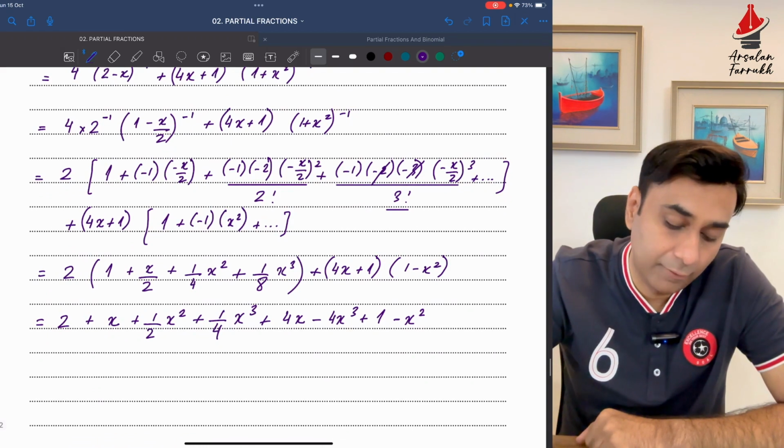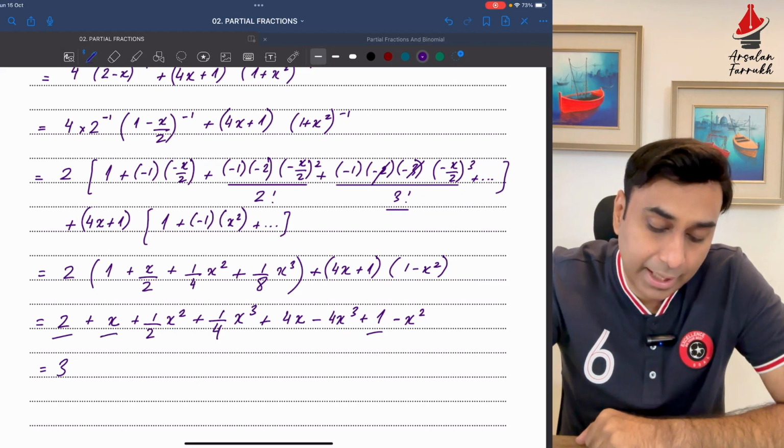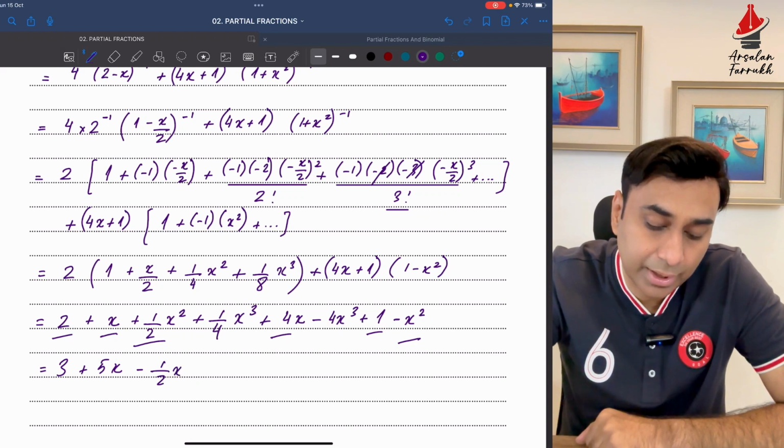Now I have to simplify all the terms together. So 2 and 1 will add up to 3. x and 4x would add up to 5x. And then half x squared and minus x squared would simplify to minus half x squared. And I have two terms of x cubed as well. So minus 4 plus 1 by 4 is minus 15 by 4 x cubed.